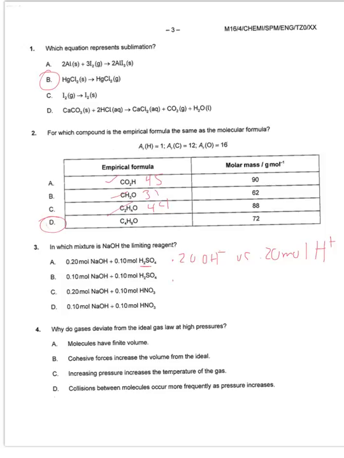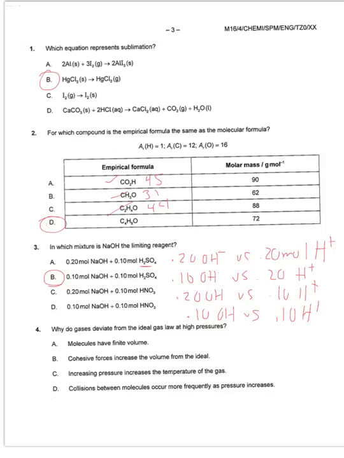Second one, I've only got 0.1 OH, and I've got 0.2 H plus. The third one, I've got 0.2 OH. And now because it's HNO3, I only have 0.1 H plus. And the third one, I have 0.1 OH and 0.1 H plus. So the only one where NaOH is actually the limiting reactant is B.